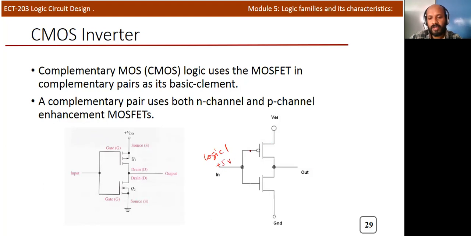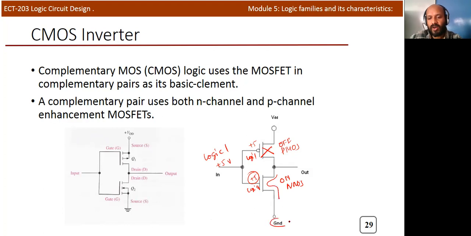If you apply a positive voltage at the gate terminal of the PMOS transistor, that transistor will become off, so there is no current flow through it. But for the NMOS transistor, if you apply plus 5 volts at the gate terminal, this transistor will be in the on condition, so it will conduct.